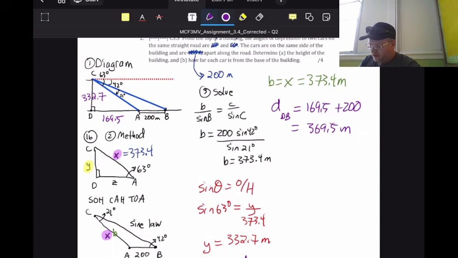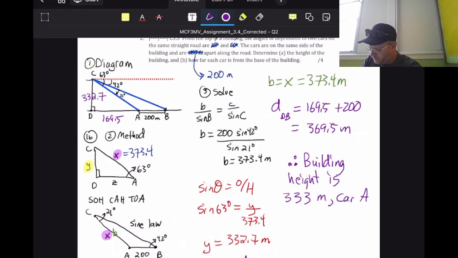So A, height of the building, B, how far each car is from the base of the building. So therefore, anytime you have a word problem, we should have a concluding statement, including units. Therefore, building height is 332. We'll just round to the nearest whole number for now to save a little room here. 333 meters.